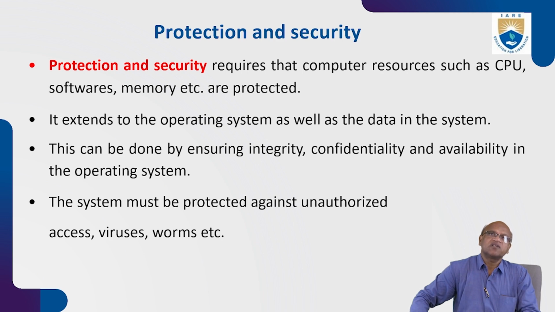Protection and security requires that computer resources such as CPU, software, and memory are protected. It extends to the operating system as well as the data in the system. This can be done by ensuring integrity, confidentiality, and availability in the operating system. The system must be protected against unauthorized access, viruses, bombs, etc. For protection, we provide some other programs that will be available in the system till the system is stopped.